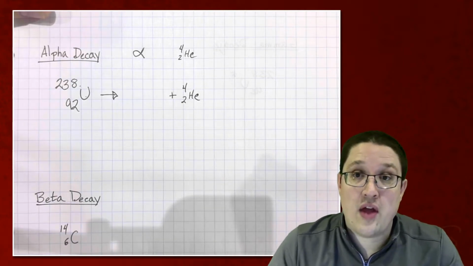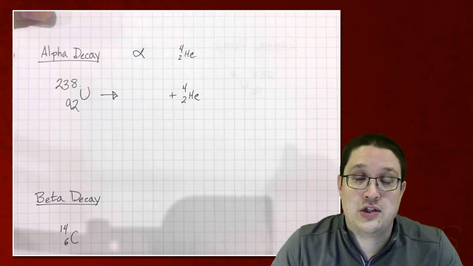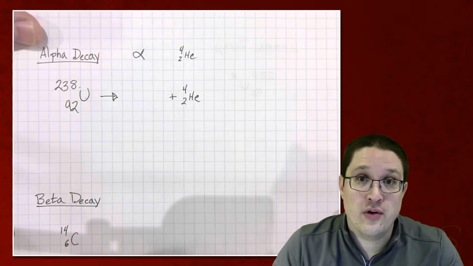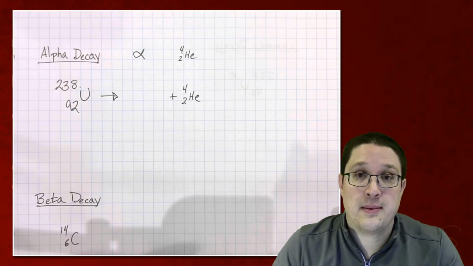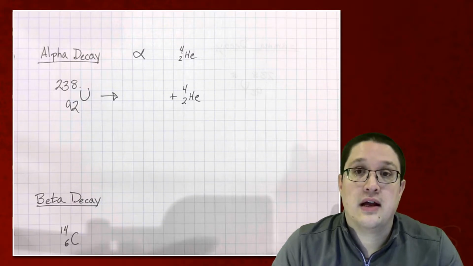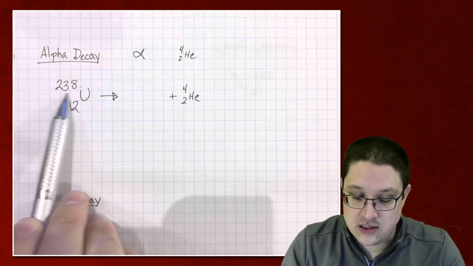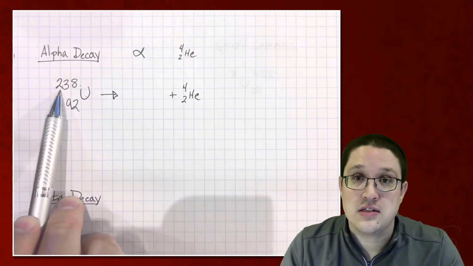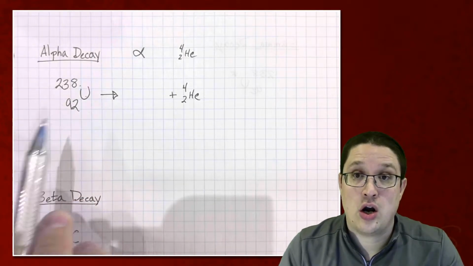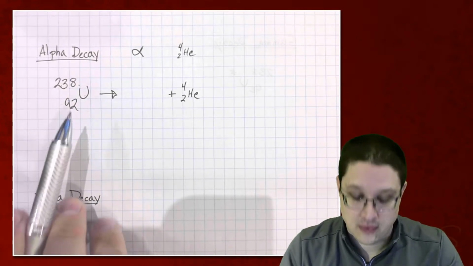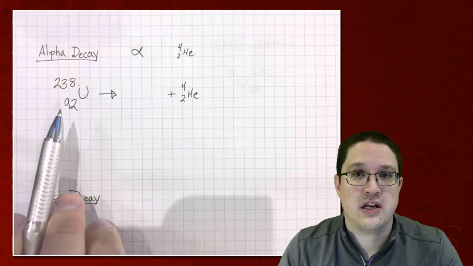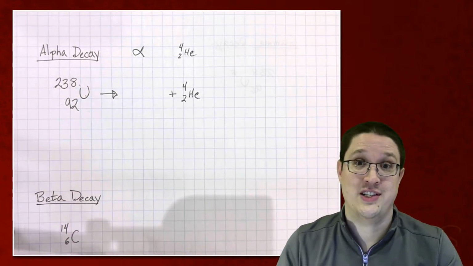Now, with every single nuclear reaction, we must conserve a couple of quantities. Like chemistry must conserve mass, in nuclear reactions, we need to conserve the number of nucleons as well as the charge, or overall charge. Protons do not need to be conserved, but the overall charge does.